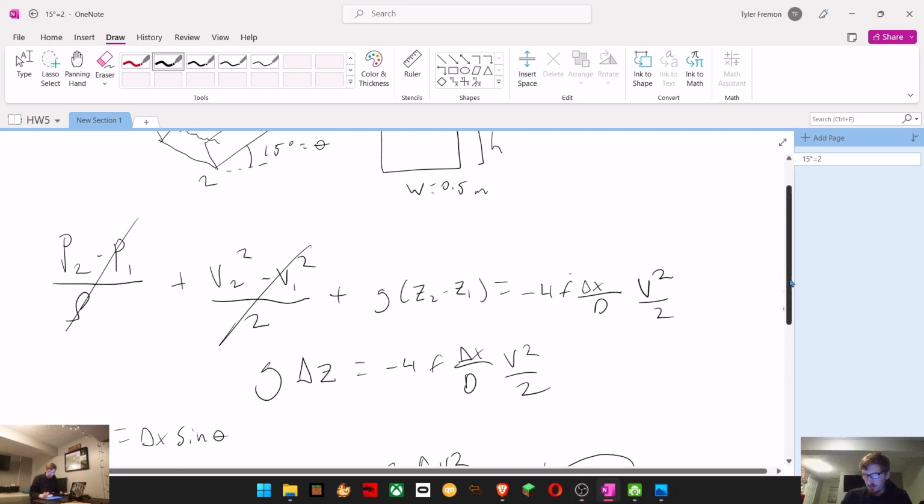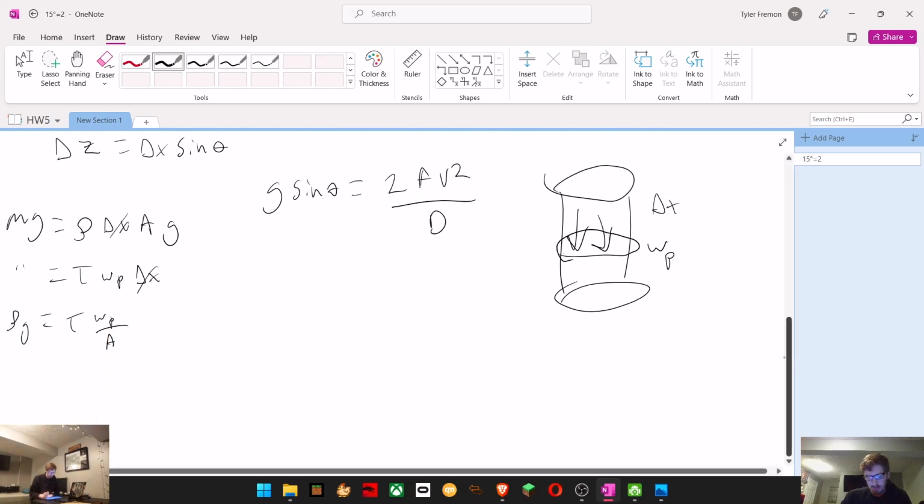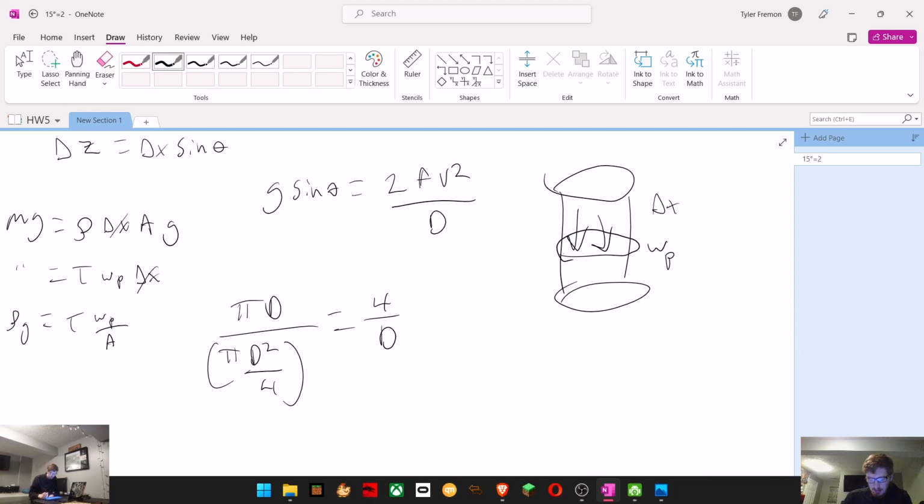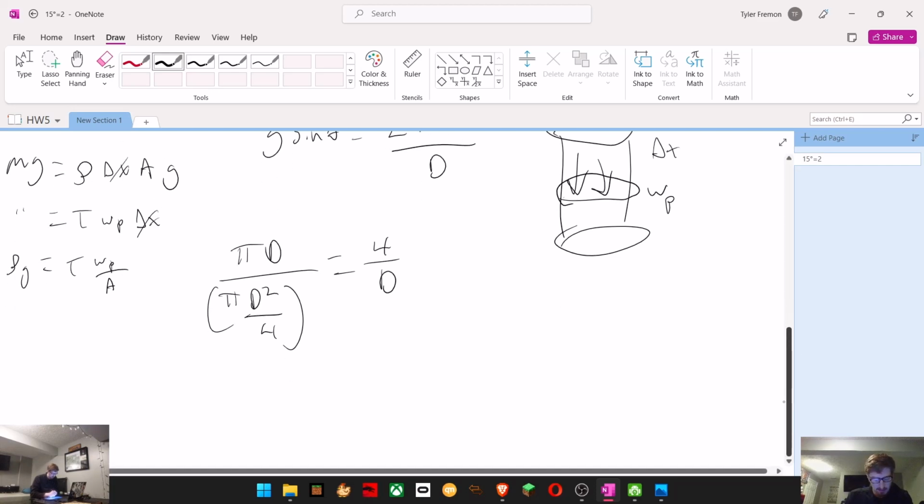Now looking at this term for the wetted perimeter divided by the area, we know the wetted perimeter is just our circumference because the entire cylinder is filled with fluid. And then our area is pi d squared over 4. All of this is just going to be equal to 4 over d. Then we can plug that back in over here.